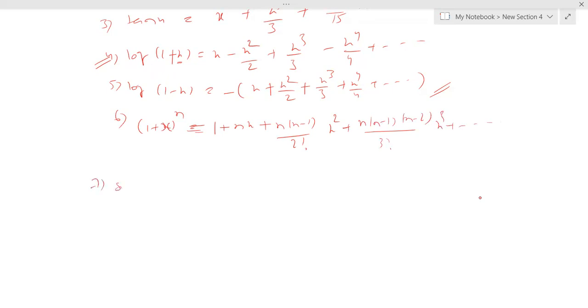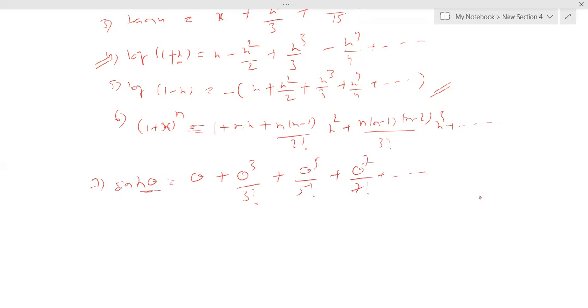Next, seventh one, sinh theta. Just like the sin x expansion, but sinh theta is a hyperbolic function: sinh theta is the same as the sin theta expression with all positive signs. Odd exponents: theta, next term theta cube by 3 factorial, next theta power 5 by 5 factorial, next theta power 7 by 7 factorial. In sin theta, we take alternating plus or minus.